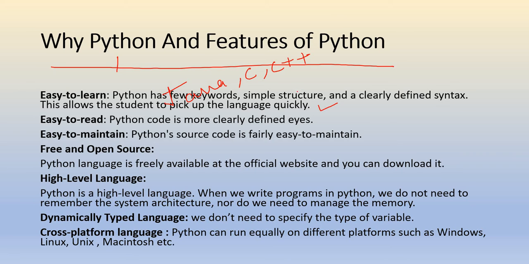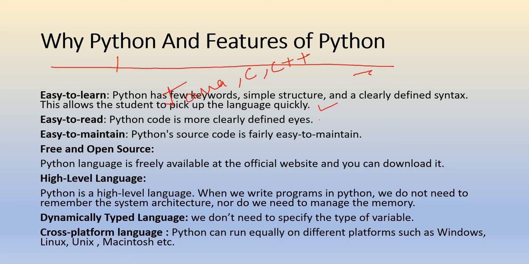So these are the features that allow us to understand the Python programming language very easily. As compared to previous programming languages like Java, C, and C++, Python is not at all hard. It is very easy to learn.